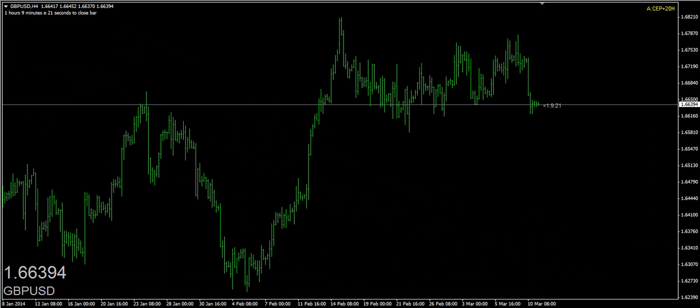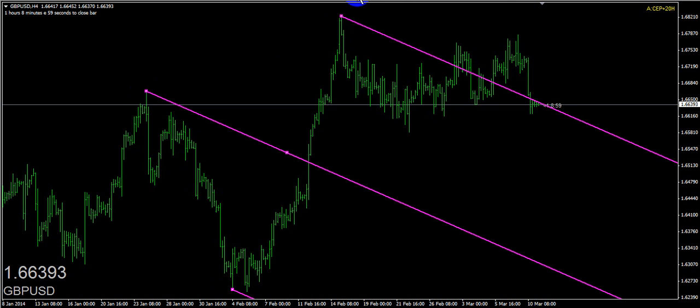On the pound dollar, you may see something like this. A break down back into this fork, sellers, and then stepping in. Or we may see something like this.